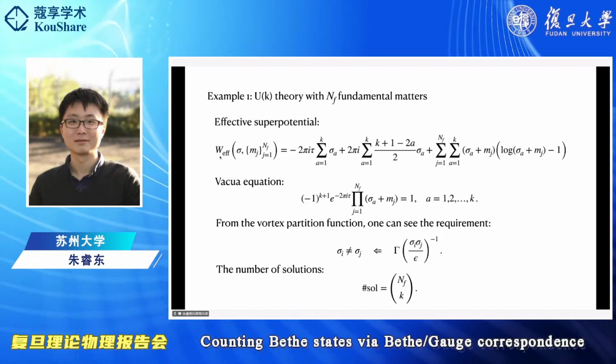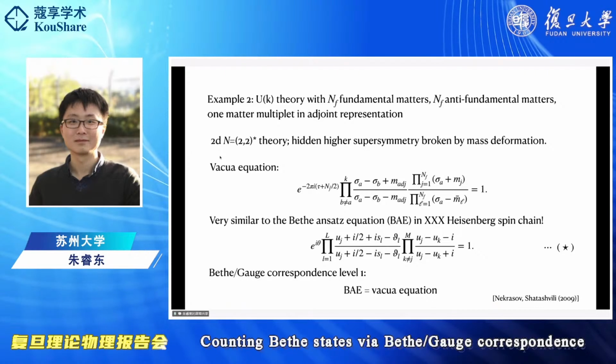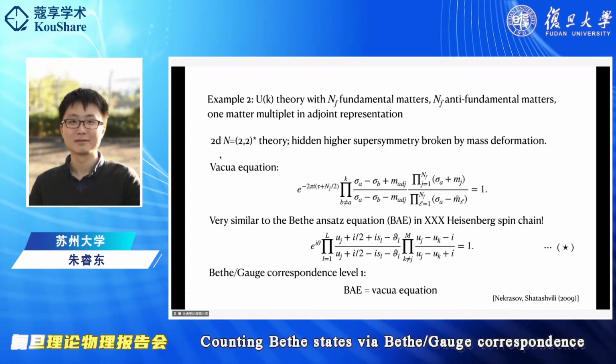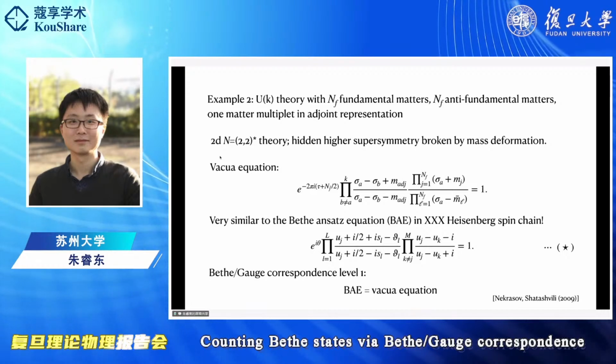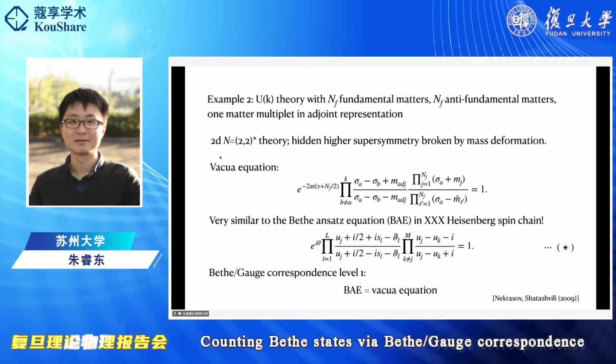I hope this is clear. This is a very simple example, and now we can go to a more interesting example. We consider again this U(K) gauge group with NF fundamental matters like quarks, and we also add NF anti-fundamental matters. On top of that, we further add one matter multiplet in the adjoint representation.